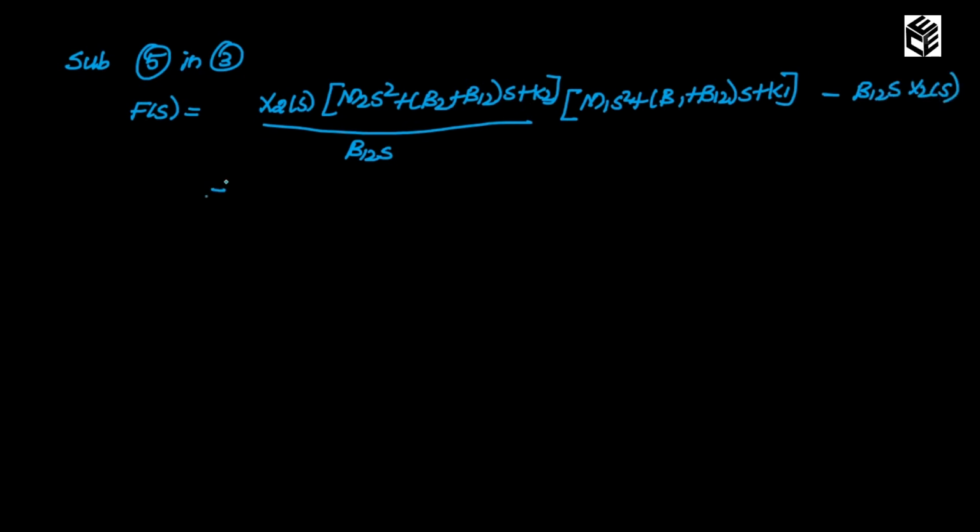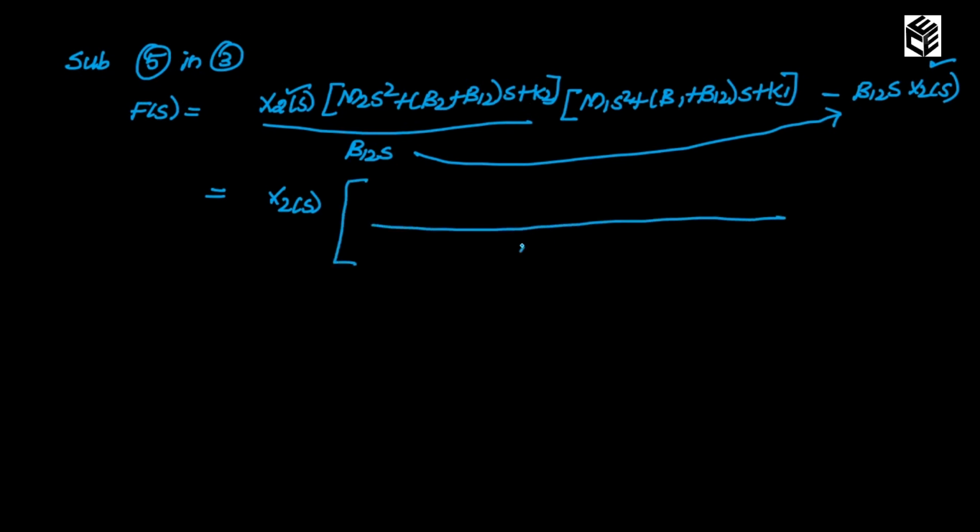So from this expression I am going to take X2(s) as a common factor and multiply to get b12 s as a common denominator. So I am taking X2(s) as a common factor, the whole divided by b12 s. What is the numerator?